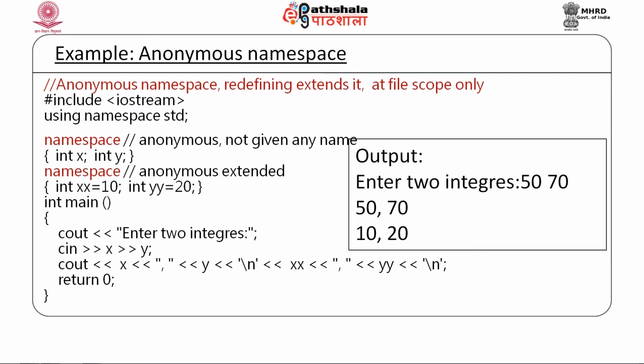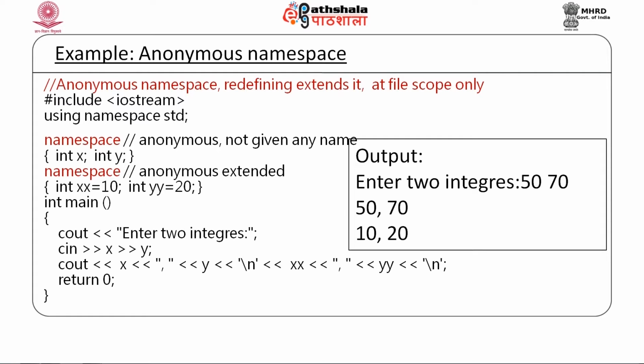As I said, because it is not having any name, we cannot use a qualified name, neither can we use the using directive. So, it is simply available as if they are global variables at the file scope. So, we can simply access them as x, y, xx and yy.